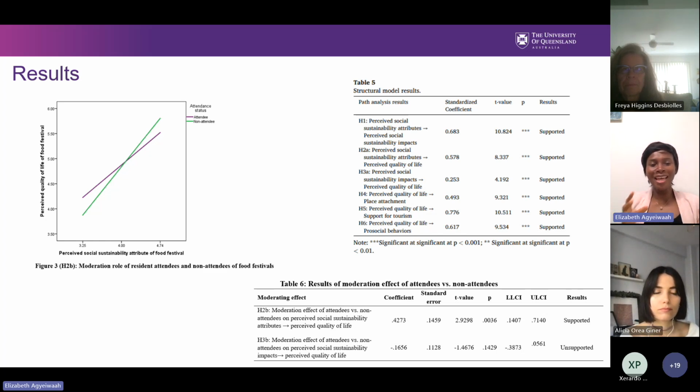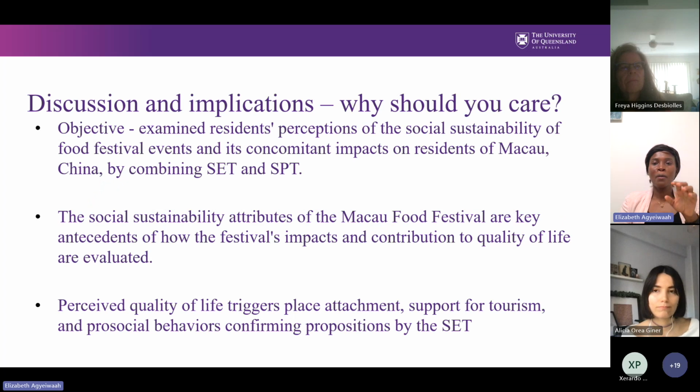And so that was very interesting finding, and also to kind of challenge the self-perception theory, which focused on though behavior being the point of inference for attitude, but we realized that non-behavior could also be an inference for an attitude, especially in this case, and I explain later, in this case because people that have not attended the event in Macau are exposed to a lot of social media marketing about the event.